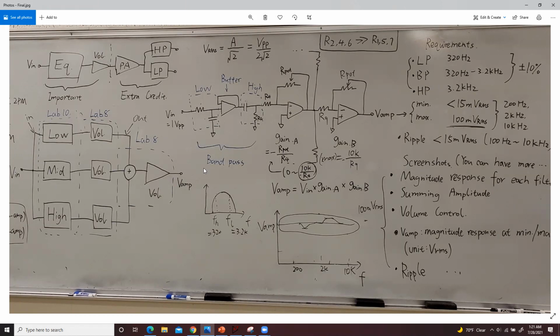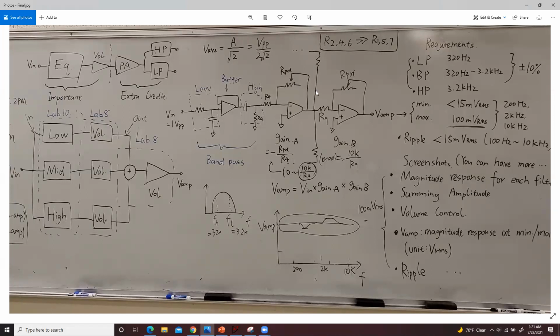After you calculate the values for the filters, you're going to calculate the values for each amplifier according to those requirements. First of all, the minimum. If you check the topology document, you control the volume by using the potentiometer.